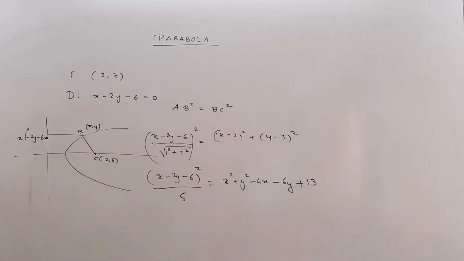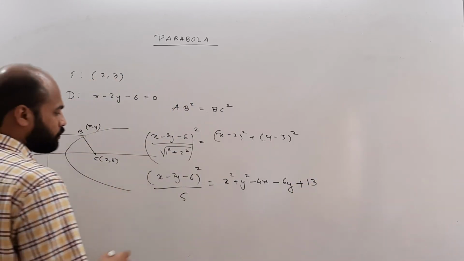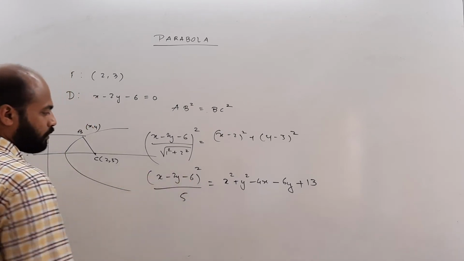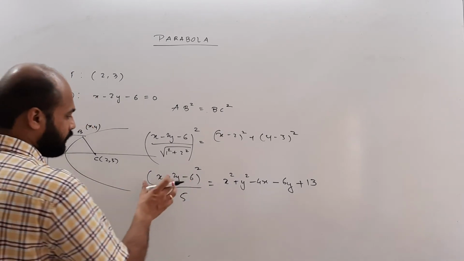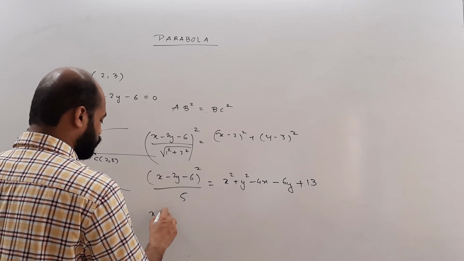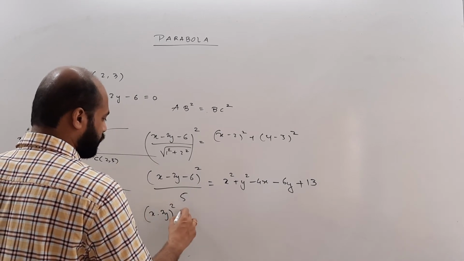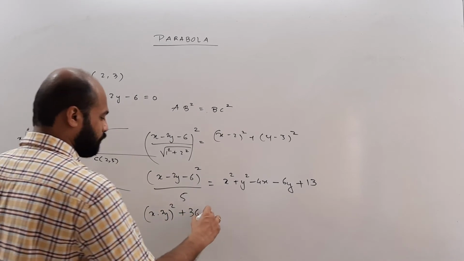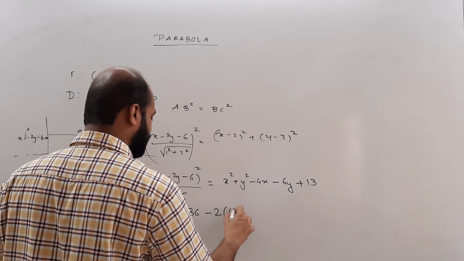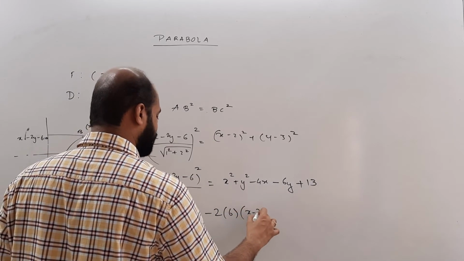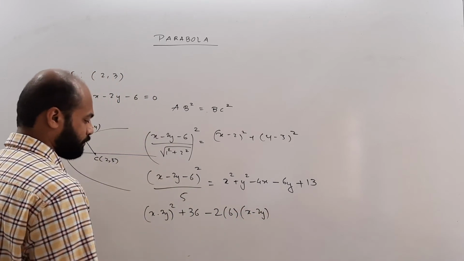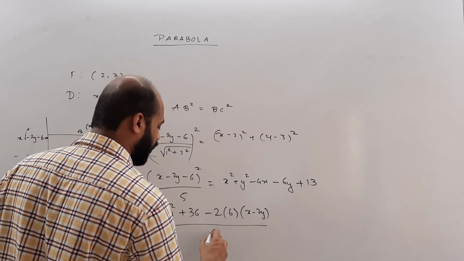So we have got one side. Let's square this also. So I'm taking two terms at a time. Let us take x minus 2y. So it's going to be x minus 2y the whole square plus 36 minus 2 times 6 into x minus 2y. At the bottom, we'll have this 5 going.